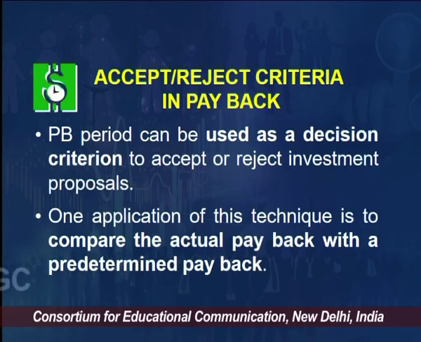If the company has a standard of more years, let us say 5 years, 6 years, or even 4 years, this particular proposal would have been accepted. So the accept reject criterion is comparing the actual PB, the payback period, with the standard which is fixed by the management.